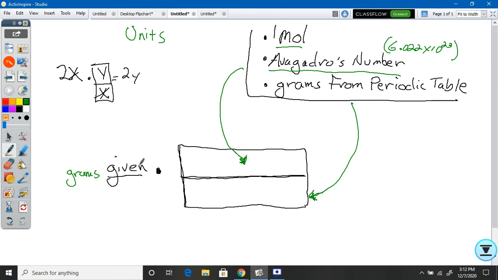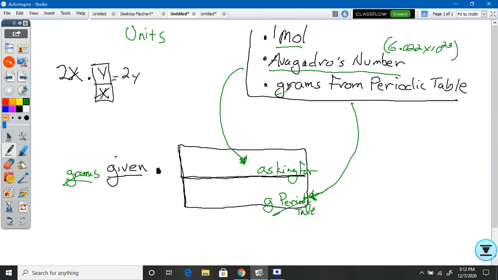If I was given grams here and I wanted to get rid of it, then I would write grams from the periodic table down here. What that will do is make the grams cancel out. Up here is whatever the problem is asking for. So whatever the problem is asking for goes up top.